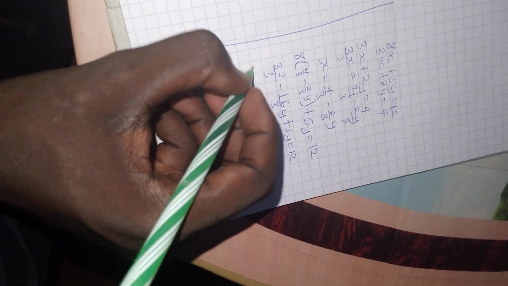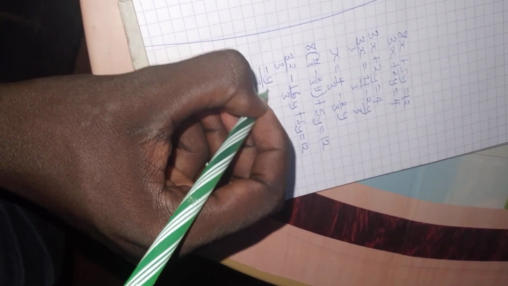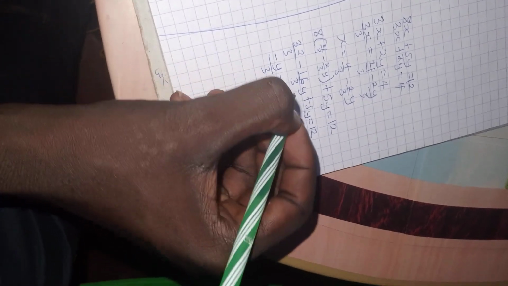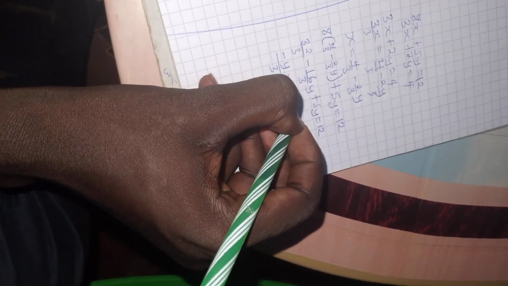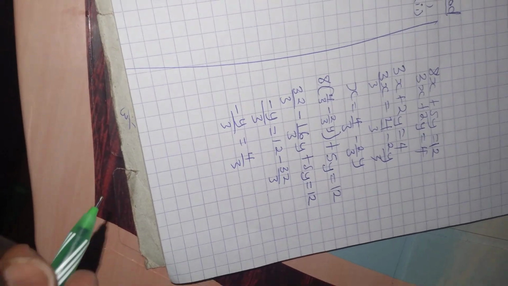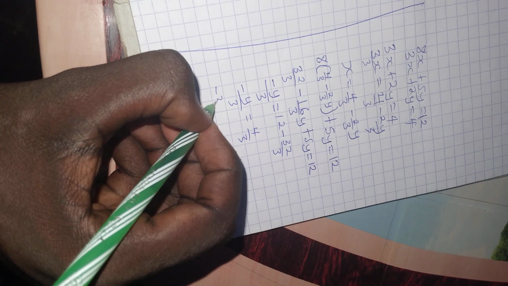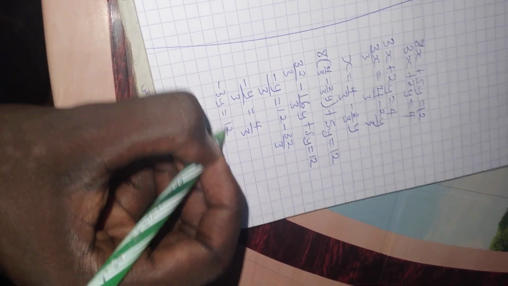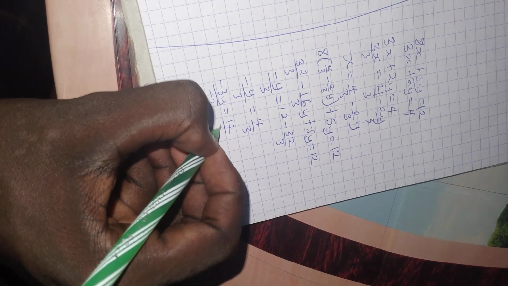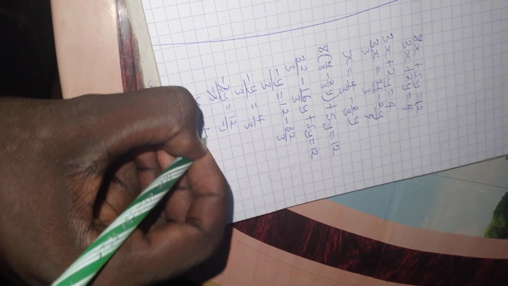It will be negative y over 3 is equal to 12 minus 32 over 3. 12 minus 32 over 3, it will be negative 3y is equal to 12 over negative 3, over negative 3. Y is equal to negative 4.